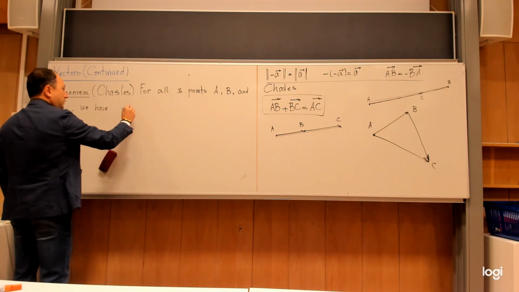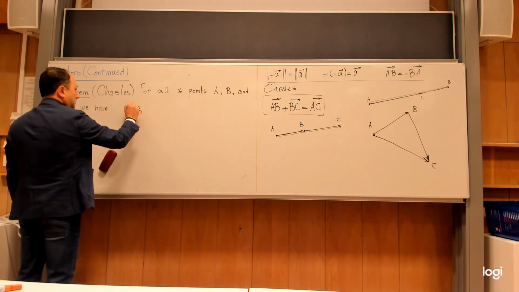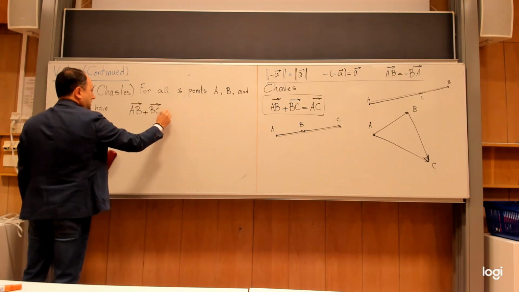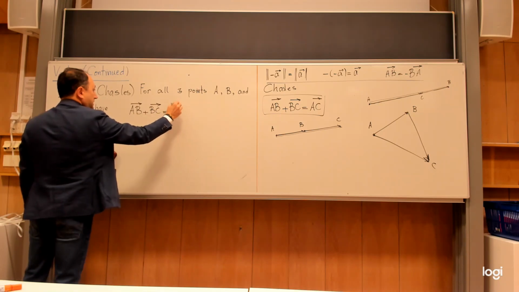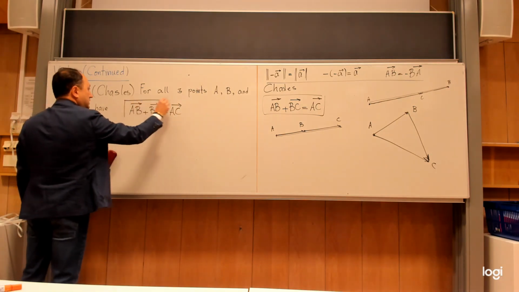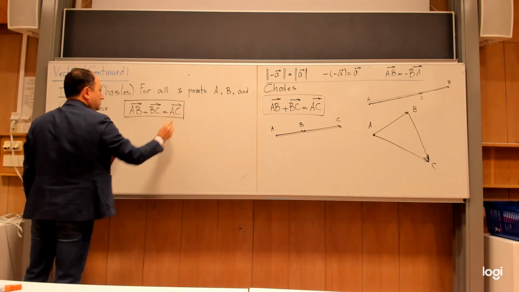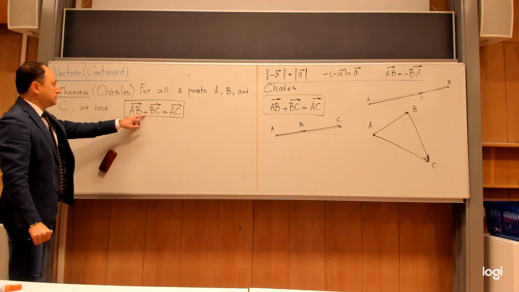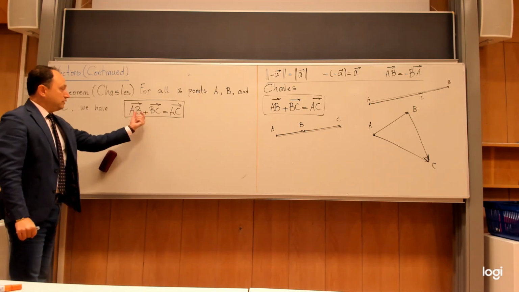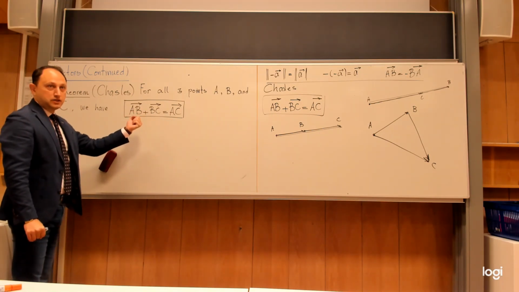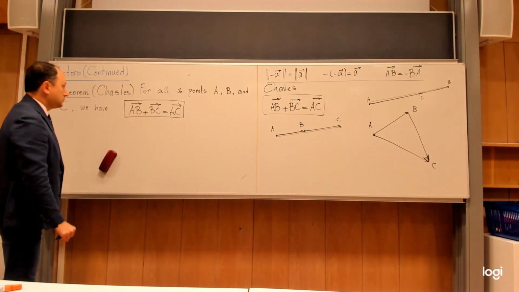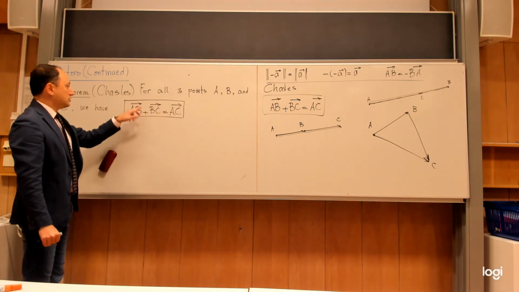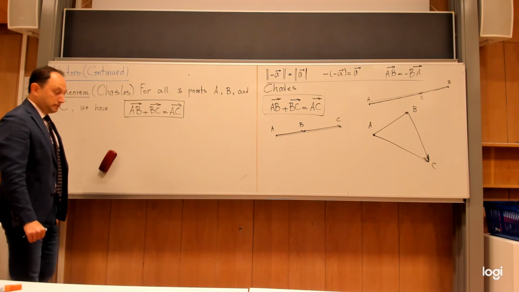If I have AB plus BC, the answer would be AC. Please remember, if you want to use this Chasles' rule, you need to respect everything. This should be addition of two vectors, and the letters in between should be the same. Then if you want to write it immediately, you can just drop these two and write AC.